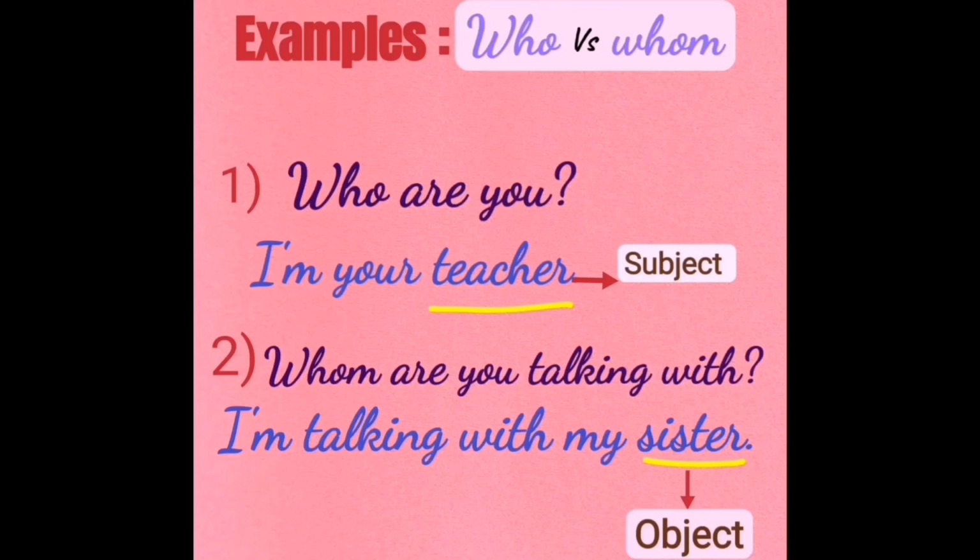I'm talking with my sister. Sister is the object here in this sentence. So the first one refers to the subject, teacher. The second one refers to the object, sister. Sister is the one who is receiving the action.